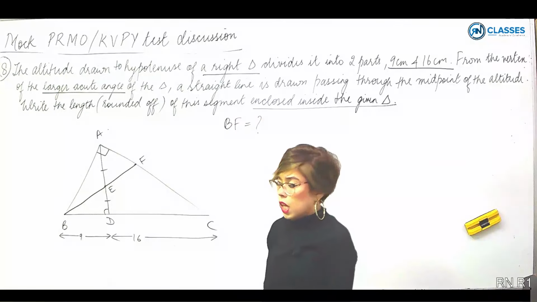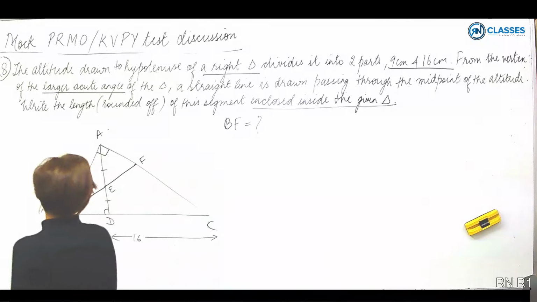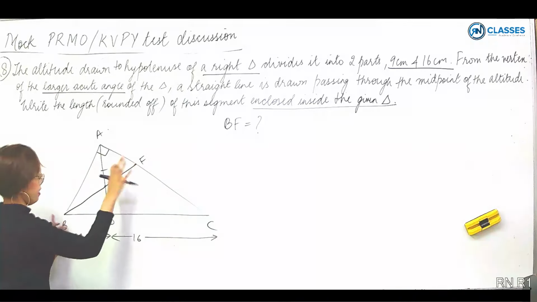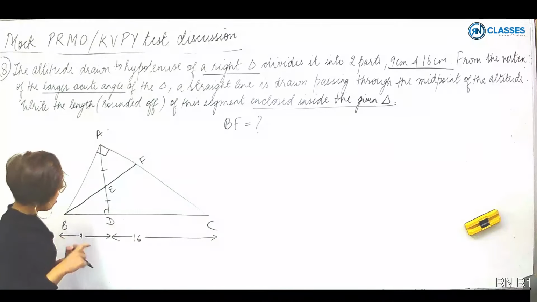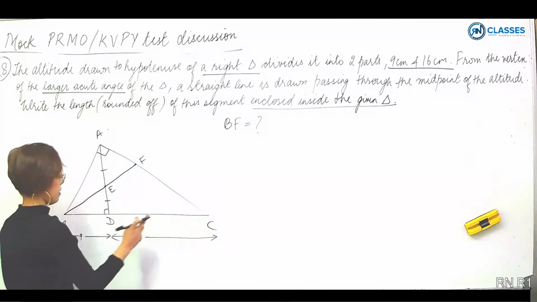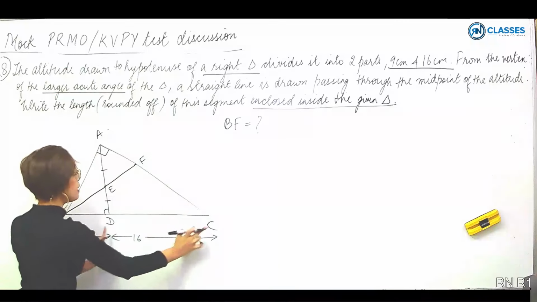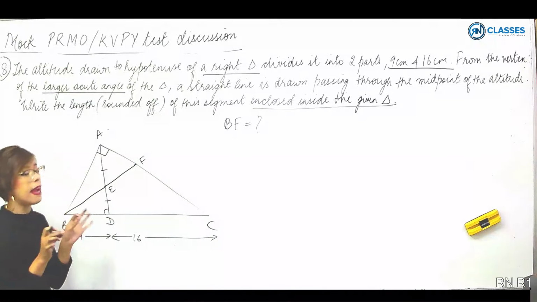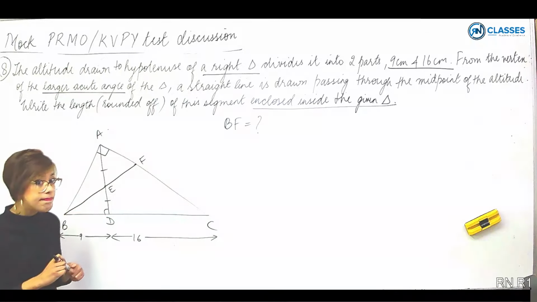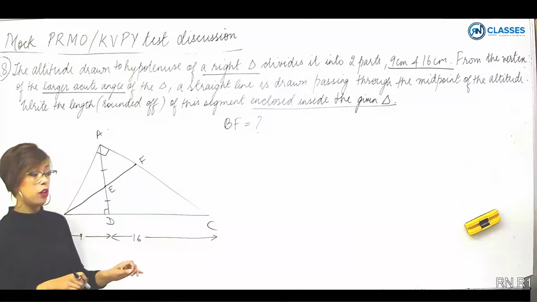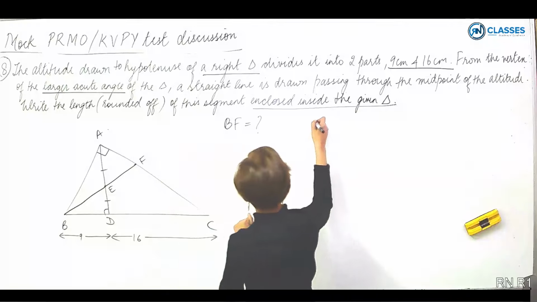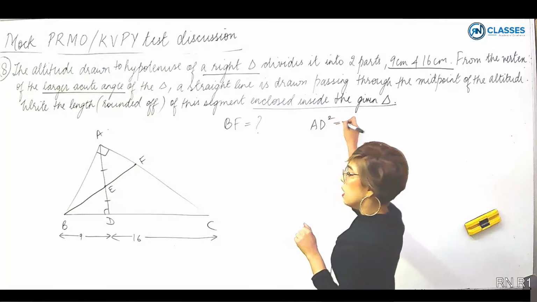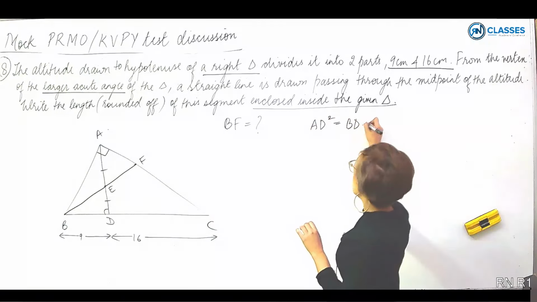Right? Okay. Now, first of all, I need to find out this length. Whatever I can assess, I should write it down. Now, I know that this is 9, this is 16. With the help of these two lengths, I can easily find out AD. We have done this question quite a lot of times in class 10. So, basically, I can say that AD square comes out to be equal to BD into DC.